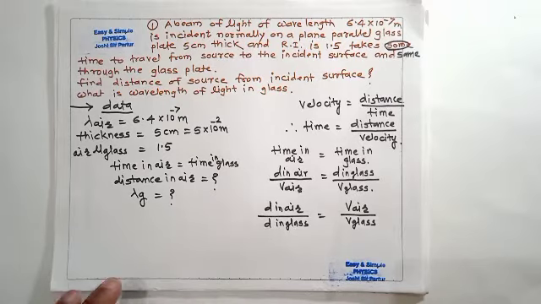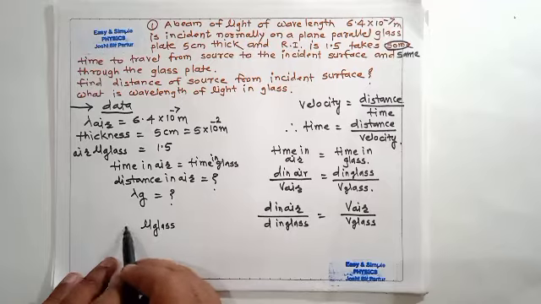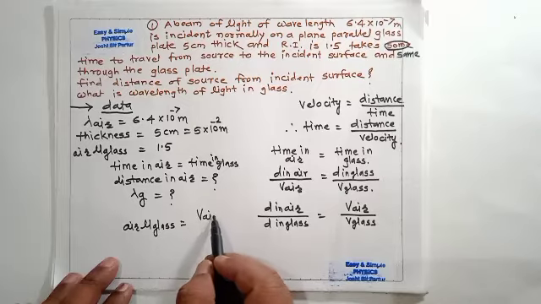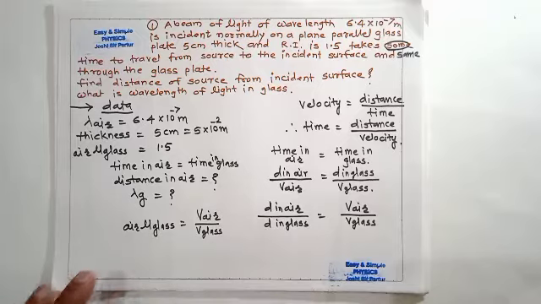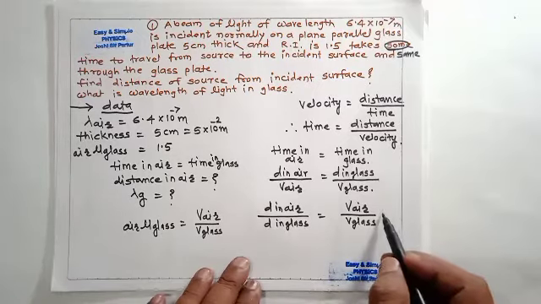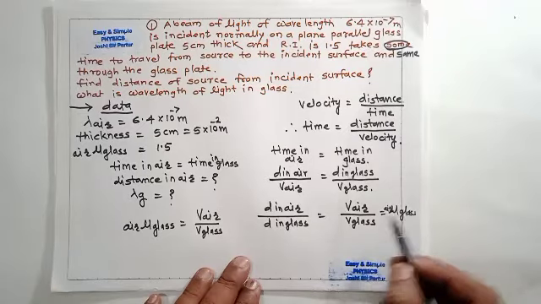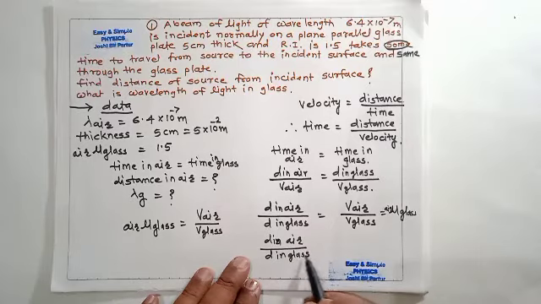We know the formula for refractive index: the refractive index of glass with respect to air is velocity of light in air divided by velocity of light in glass. So refractive index is given as distance in air divided by distance in glass, which is equal to 1.5.